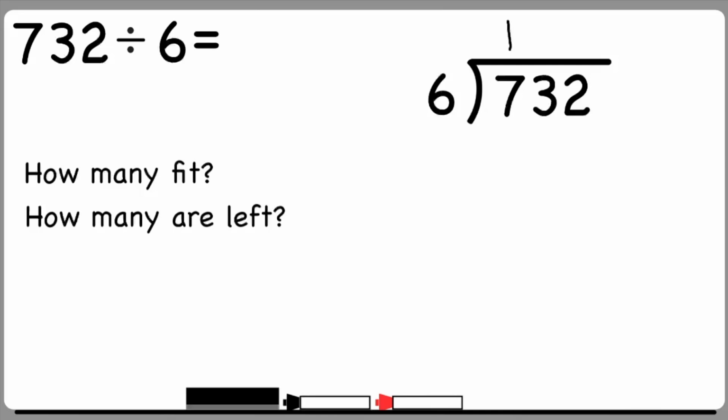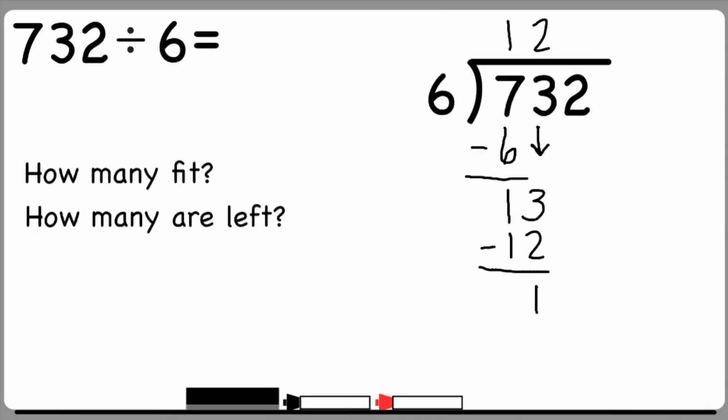One group of 6 is the same as 6. Let's see how many are left. 1 is left over, and we'll move on to our next digit and bring down our 3. How many 6s go into 13? That should be 2. 2 times 6 is 12. How many are left? 1 is left.